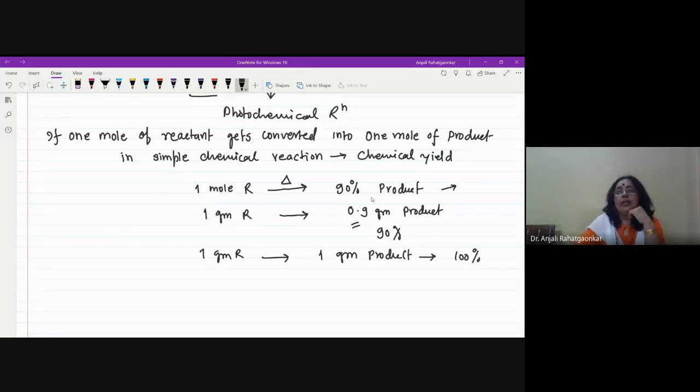And as the reaction is chemically driven, this yield is nothing but the chemical yield, meaning the yield is obtained by a simple chemical reaction. You understand the difference? Why am I stressing this particular term, chemical yield? Because the reaction is chemically driven.